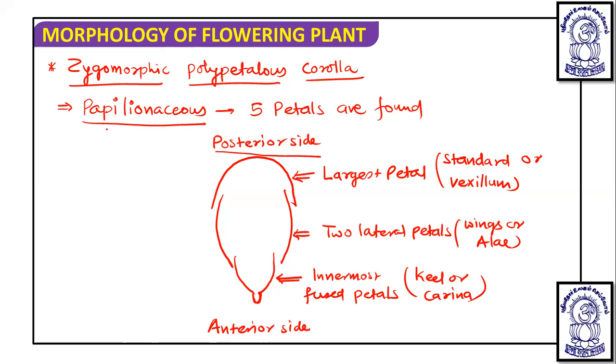This papilionaceous corolla, if we talk about examples, is seen in pea, bean, gram, arhar. These are examples of papilionaceous, or they belong to Papilionatae.